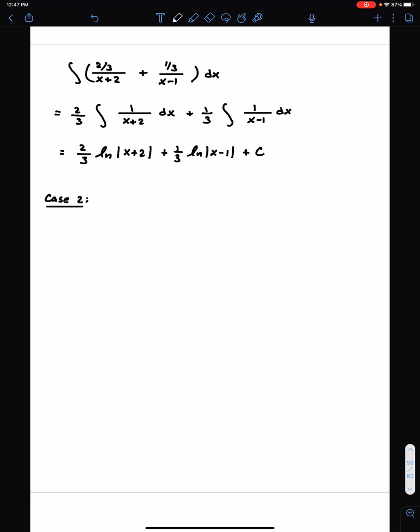Case 2. The denominator q of x can be factored into repeating linear factors.